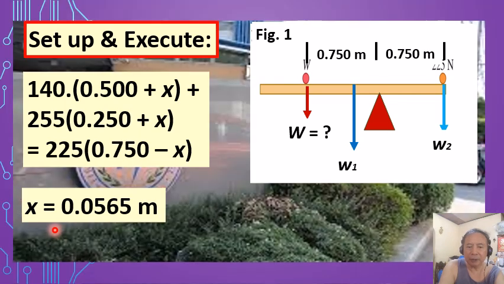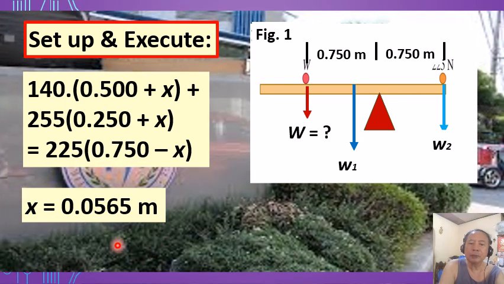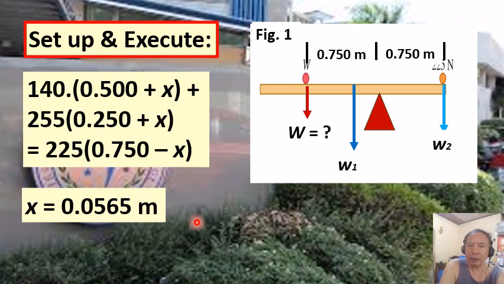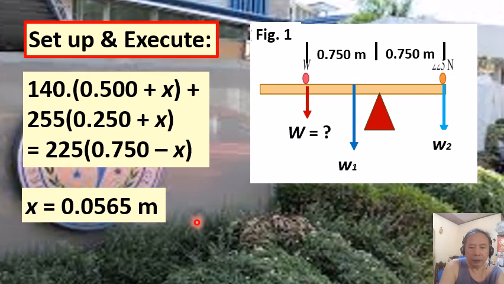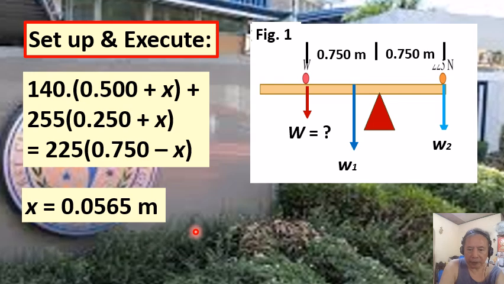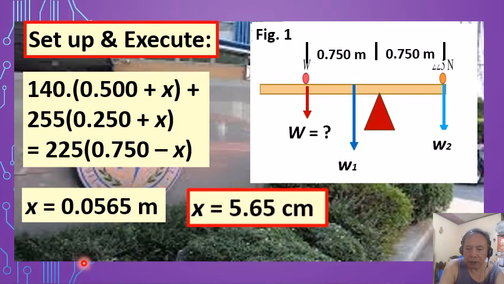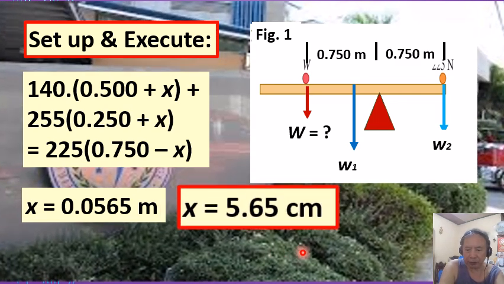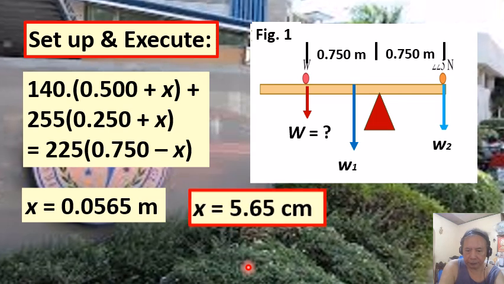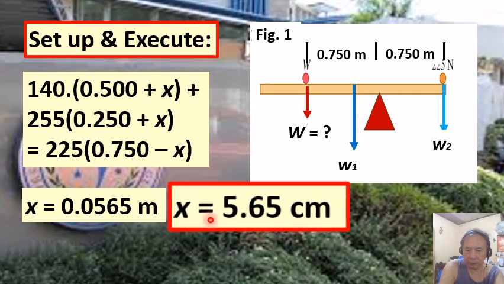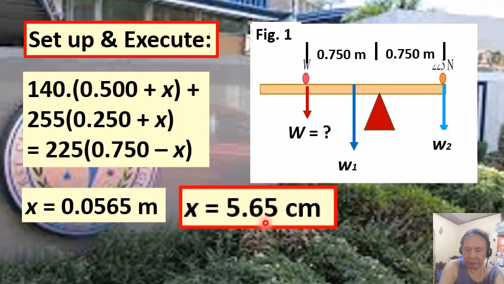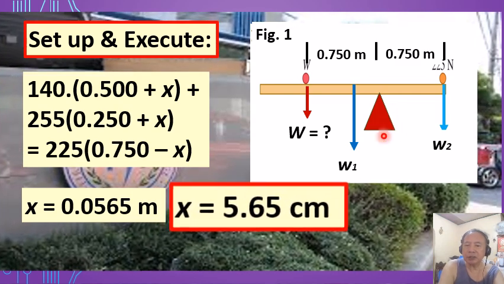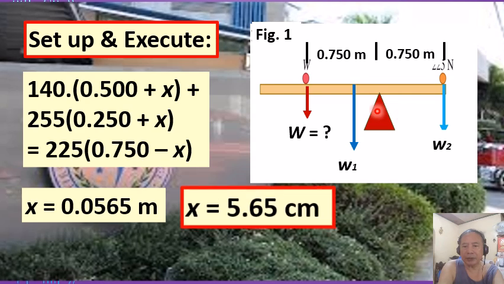So this is the value of the distance the fulcrum has to be moved in the right direction, which when converted to centimeters, of course, we get 5.65 centimeters, which is our final answer to question letter B. So when the fulcrum is moved a distance 5.65 centimeters to the right of the original position, we can restore balance of the rod.